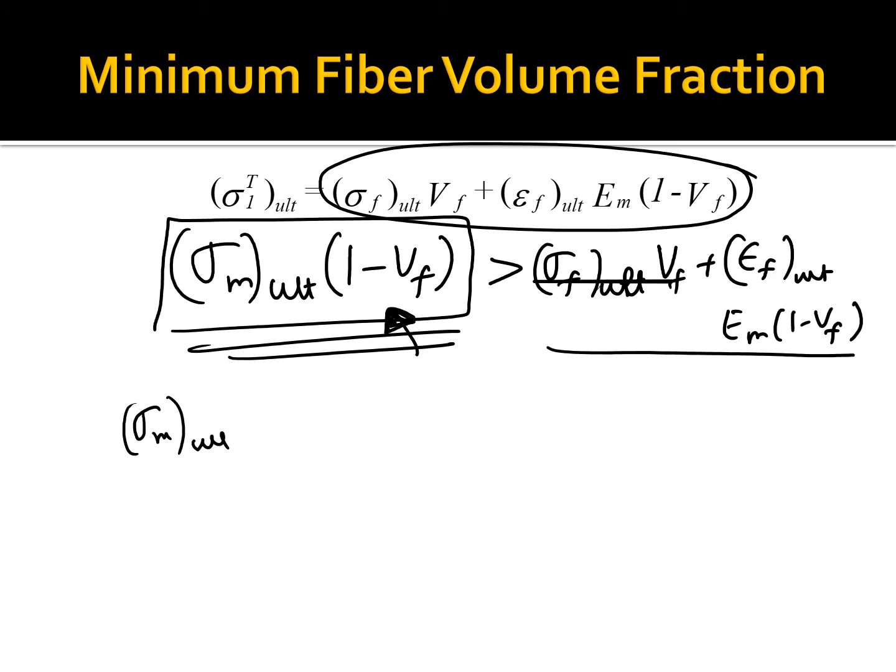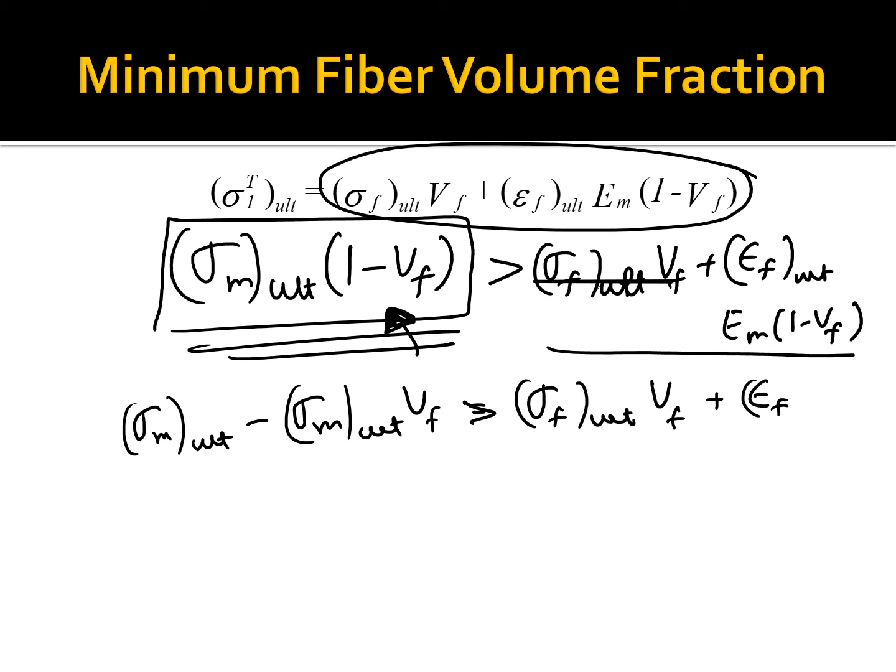I'll get sigma M ultimate minus sigma M ultimate Vf on one side, greater than sigma F ultimate times Vf plus epsilon F ultimate Em minus epsilon F ultimate Em times Vf.